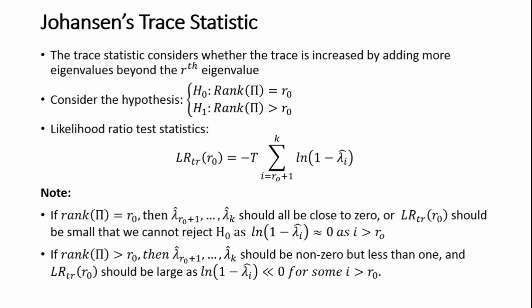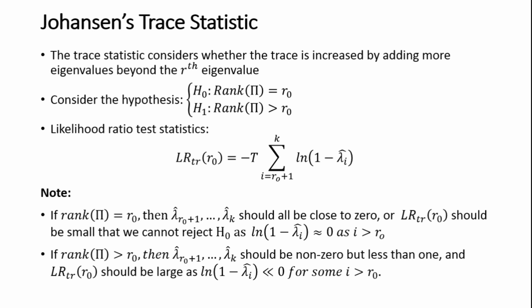Consider the hypothesis that the rank is r0 against a rank greater than r0. The likelihood ratio test is given. If the rank of the matrix equals r0, all the remaining eigenvalues should be close to 0, so the likelihood ratio statistic should be small and you cannot reject H0.